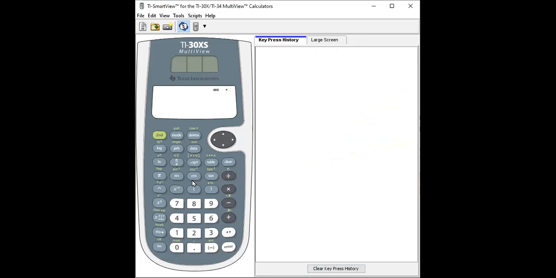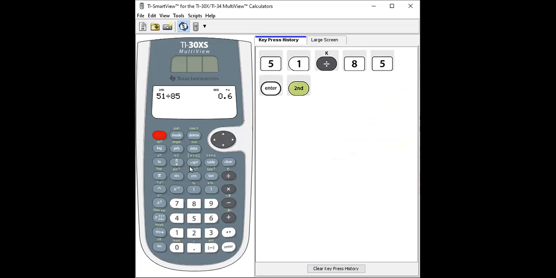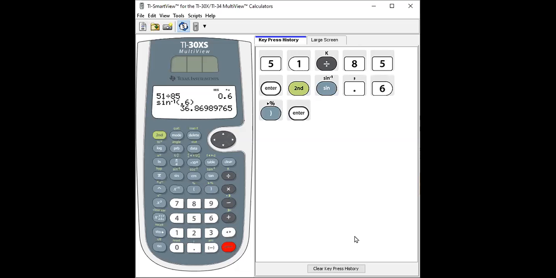Well, what is 51 over 85 exactly? So 51 divided by 85 is 0.6. So the sine of x equals 0.6. Therefore, the inverse sine of 0.6 equals x. So 36.86, around 37 degrees.